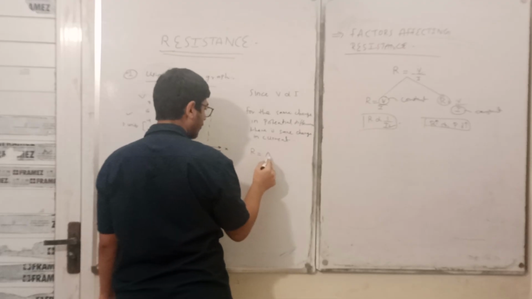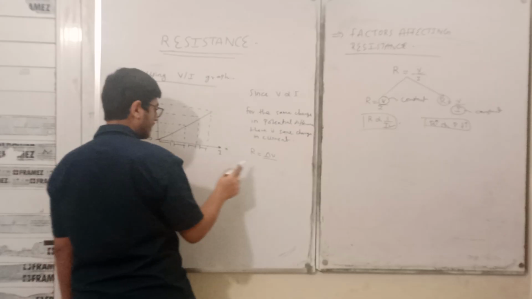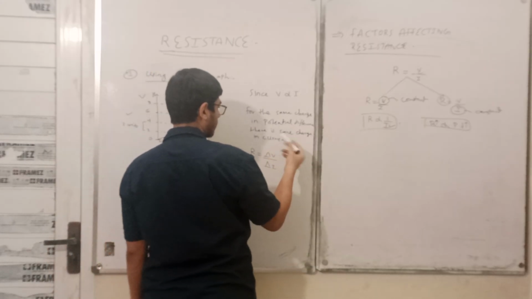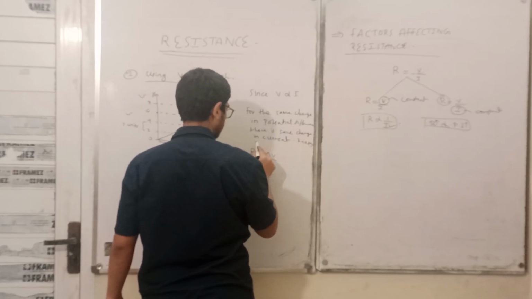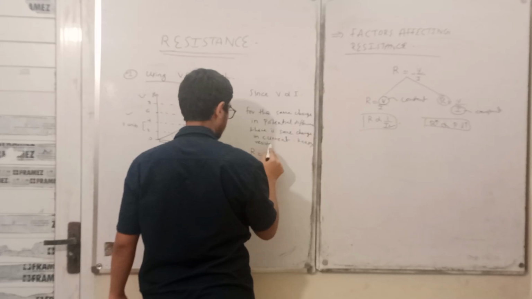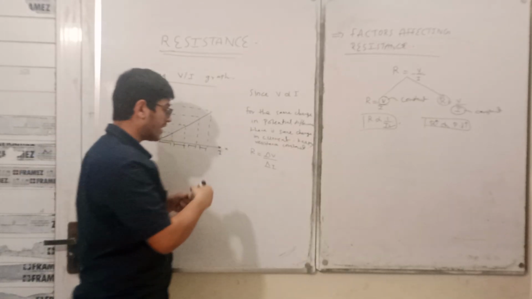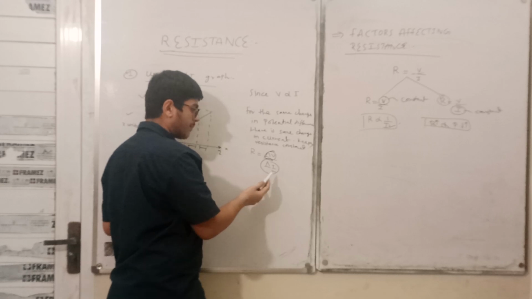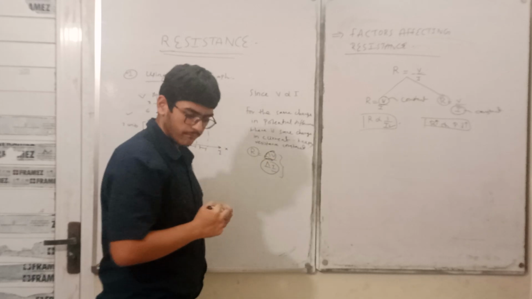Therefore, when potential difference is increasing by same manner, current is also increasing by same manner, which keeps the resistance constant. Therefore, if we increase potential difference and increase current by the same ratio, resistance remains constant.